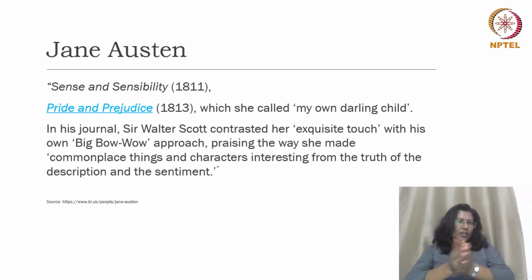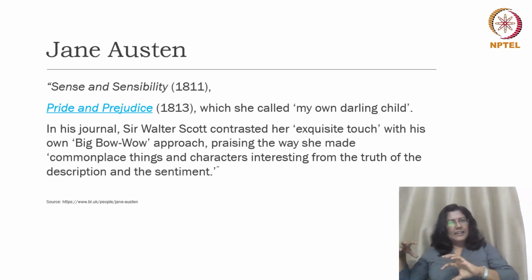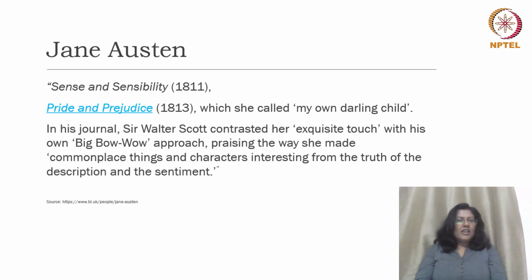The importance given to the commonplace is also a major trajectory of the romantic movement, and you can see how there is a connection between romantic philosophy and Gothic as well, which we discussed in the previous lectures. So there is a lot of truth in her description, in her sentiments, and the people and the places in her works are commonplace, ordinary, regular folks that you would meet every day.